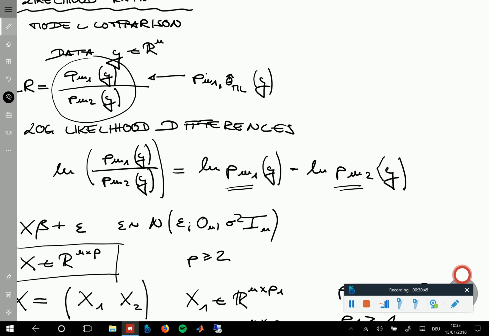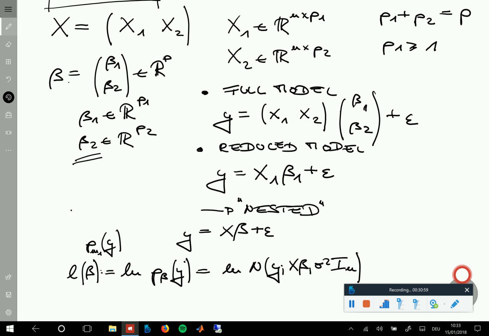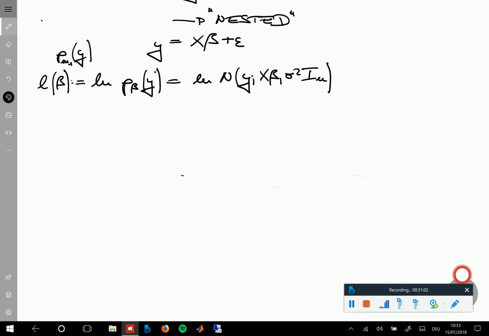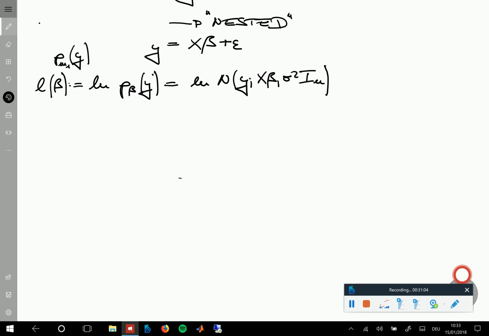So we are now interested in the probability that we get for our data once we optimized the parameter, and we know the functional form of this, ln p(y|M1) and ln p(y|M2).